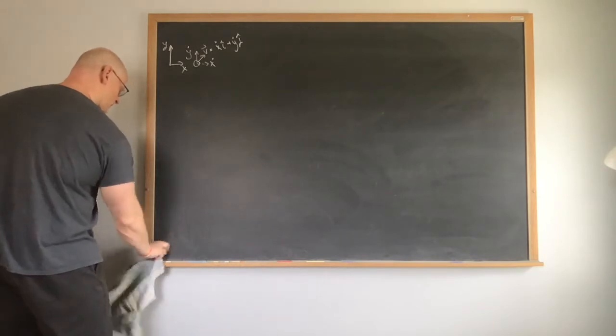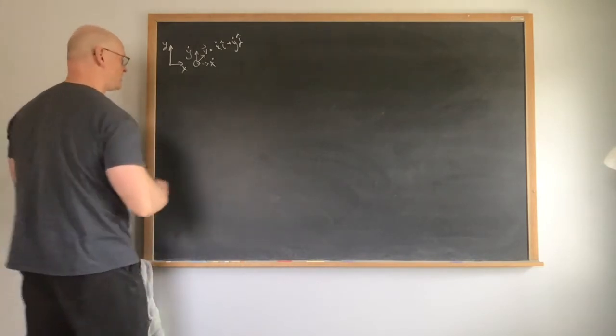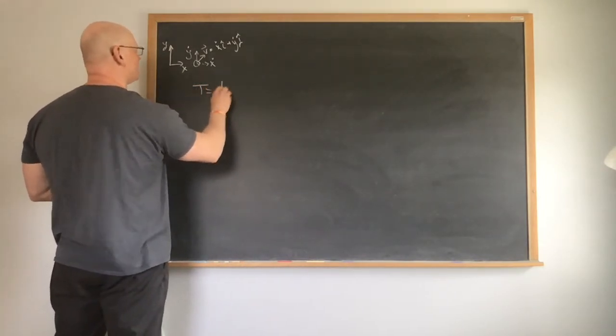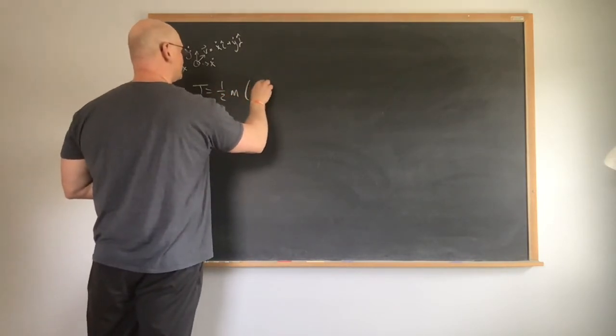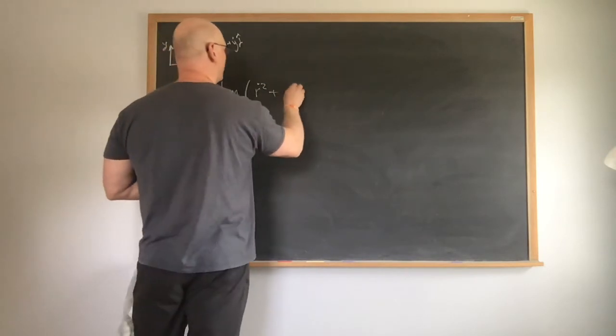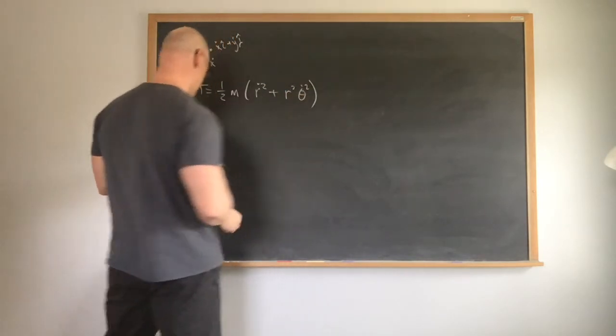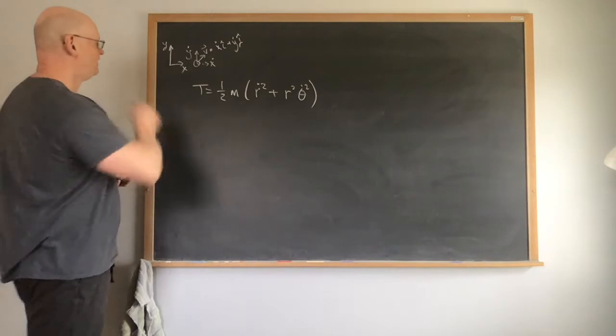In plane polar coordinates, kinetic energy becomes a little more complicated. It's going to be 1/2 the mass times r dot squared plus r squared times theta dot squared. So this is now our velocity term.